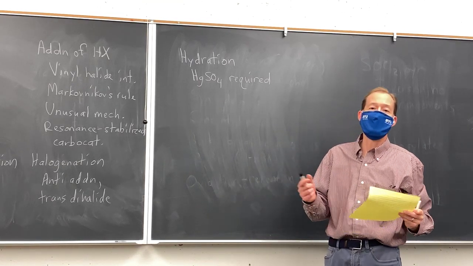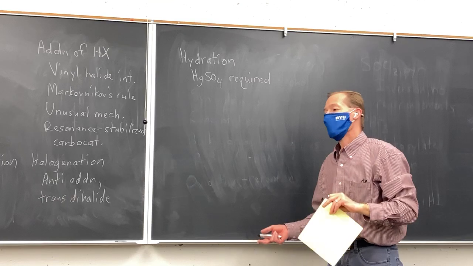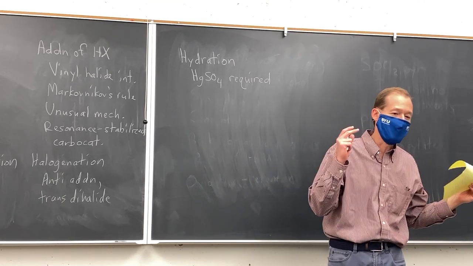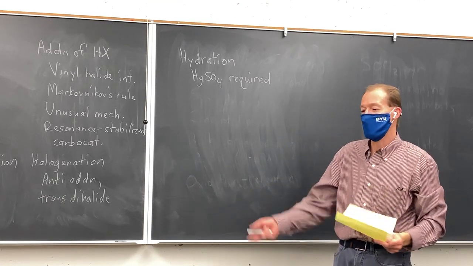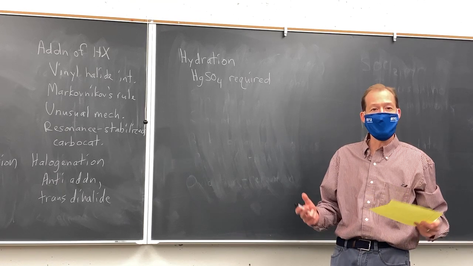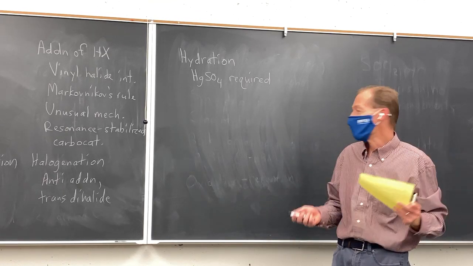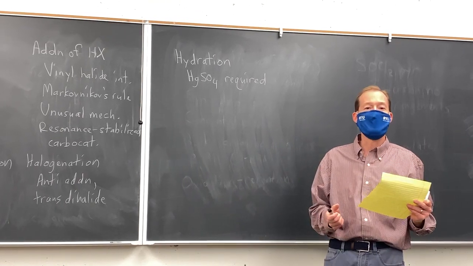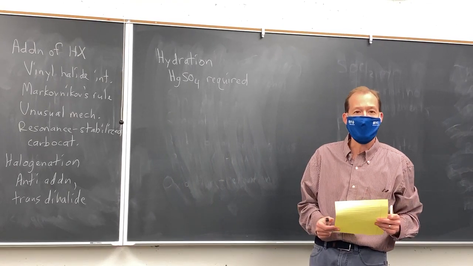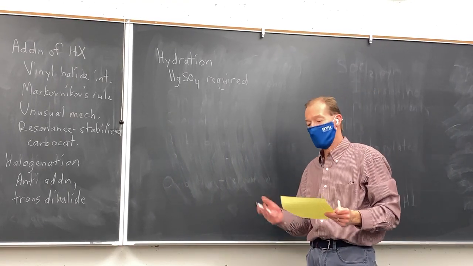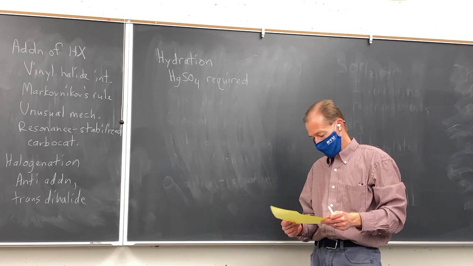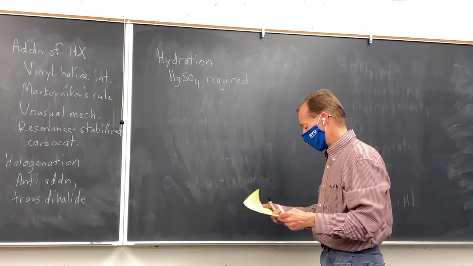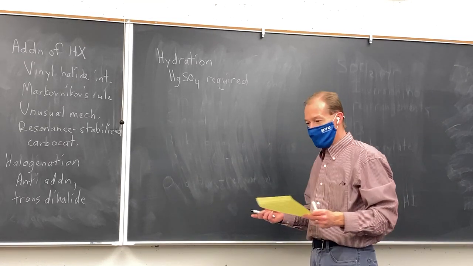It says you use it with terminal alkynes, but not necessarily with internal alkynes, but you could if you wanted to. We're just going to be unambiguous and say you want to use mercury sulfate every time you're performing a hydration of an alkyne. Okay, so mercury sulfate is required.